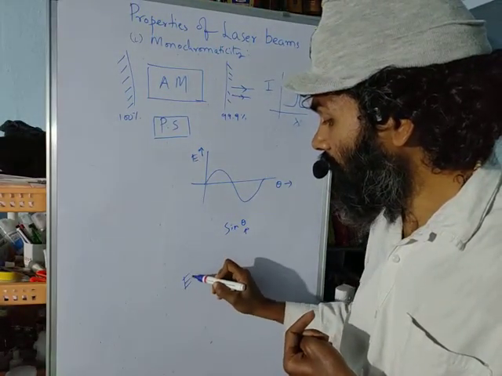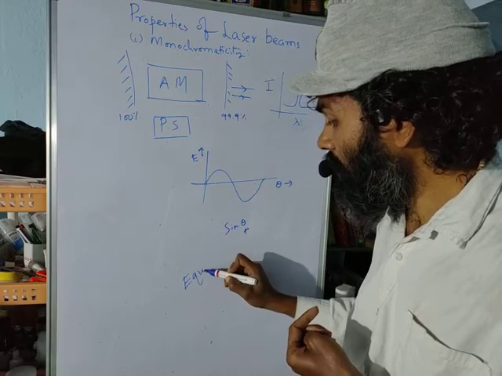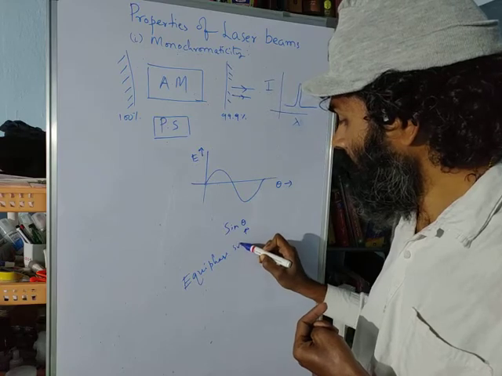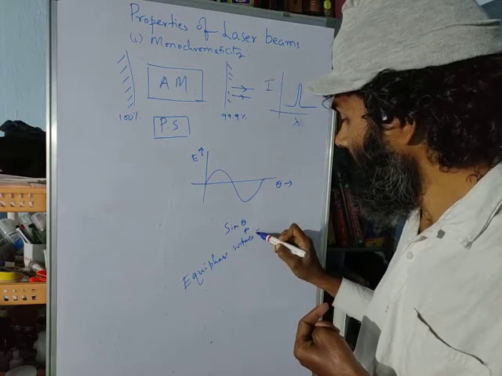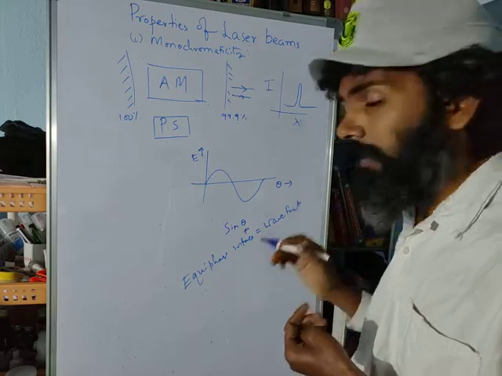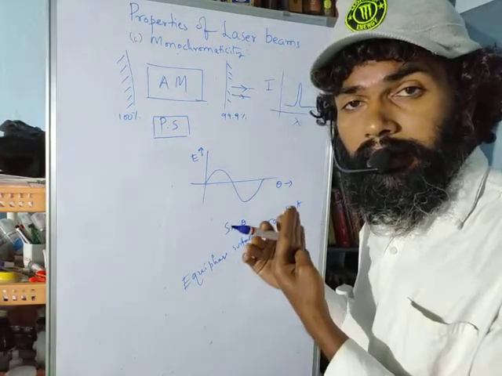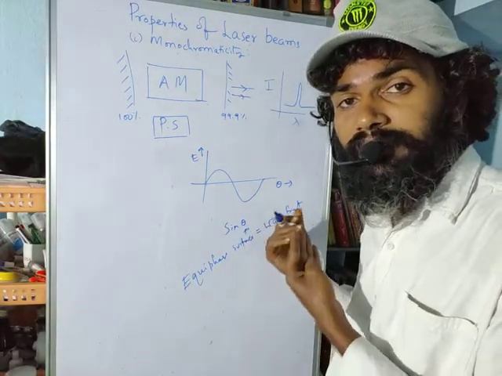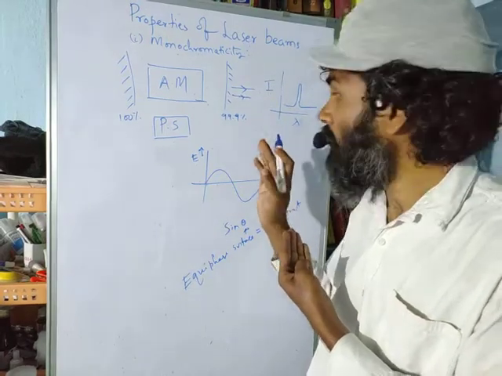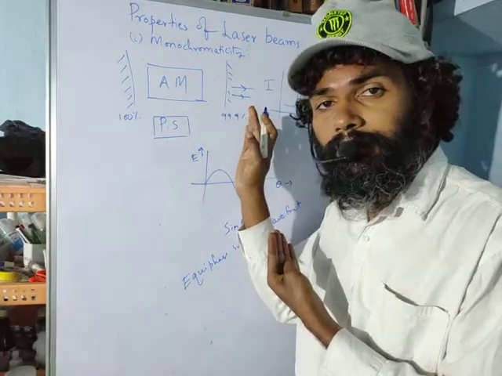It is a surface which is an equiphase surface. An equiphase surface is called a wavefront. If this equiphase surface, the wavefront, is a plane, then we say we are dealing with a plane wave of laser beam.